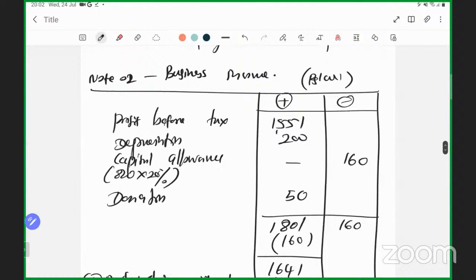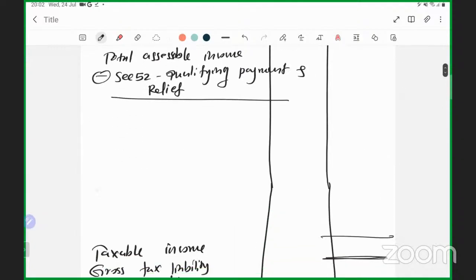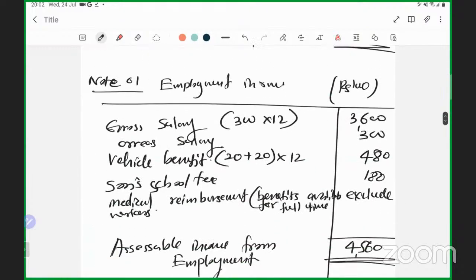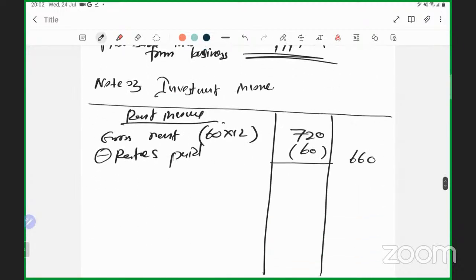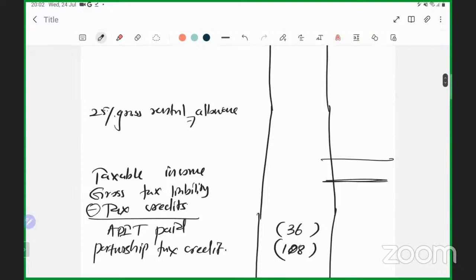Therefore, the 25% gross rental allowance is higher. The gross rental given is 720, and 720 into 25% is 180.